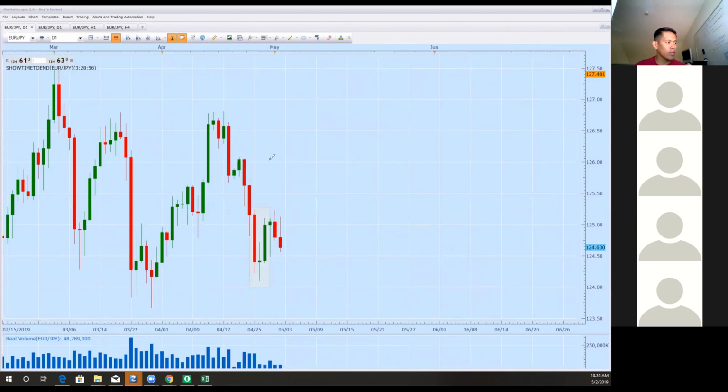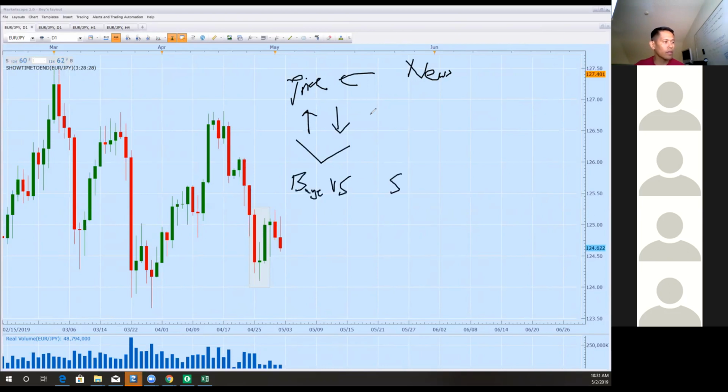The other thing we have to discuss when dealing with price is news, whether you like it or not. With no news, there's no price. Price will go up or go down. But what is the mechanics behind it going up or down? Well, there is a buyer and there is a seller.